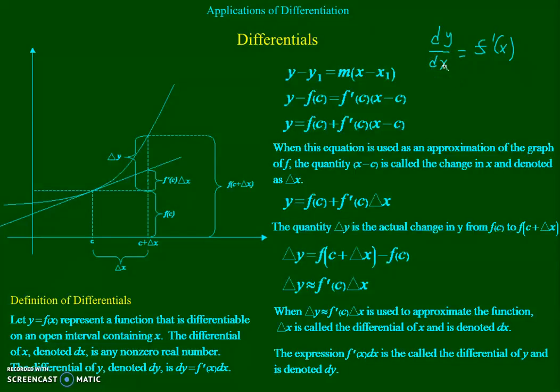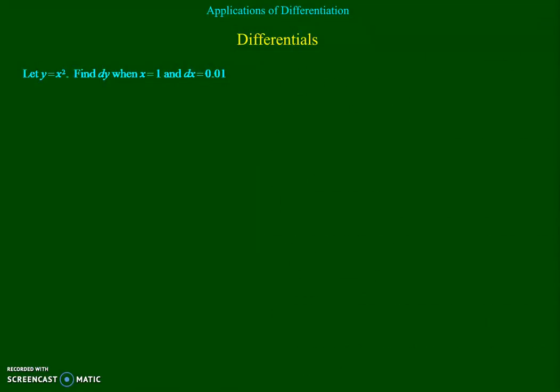Let's go ahead and look at some applications of differentials. So we have this function y equals x squared, and we want to find dy when x is 1 and our dx, our approximated change in x, is 0.01. So we know that the differential form dy equals f prime of x dx.